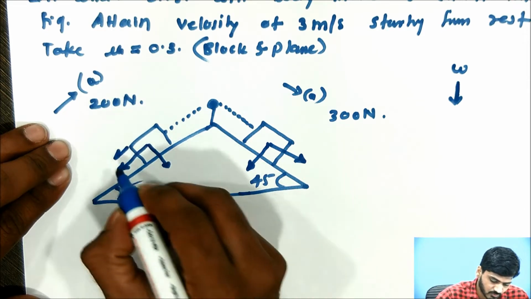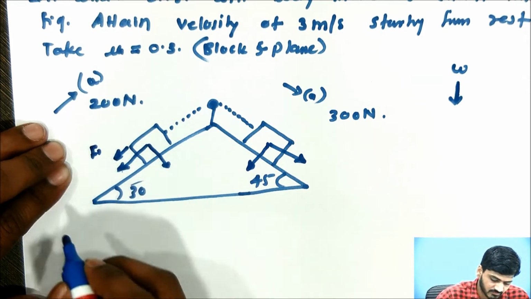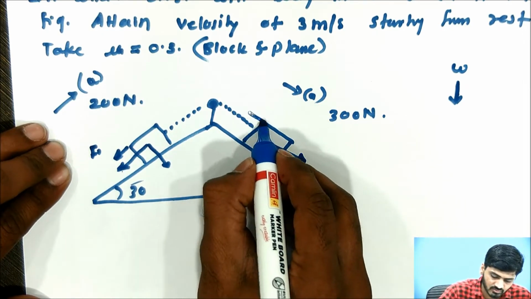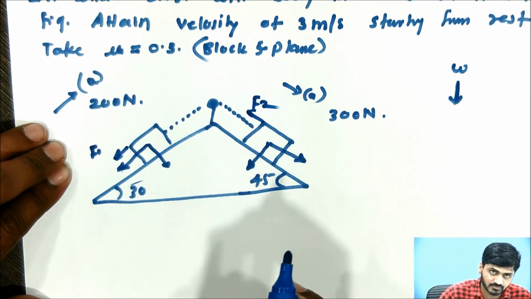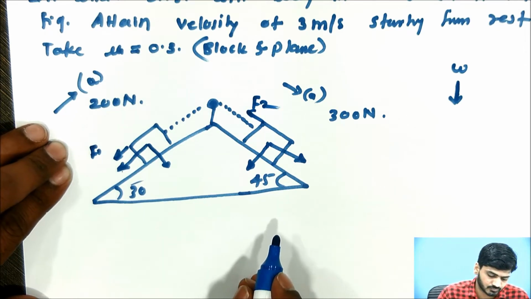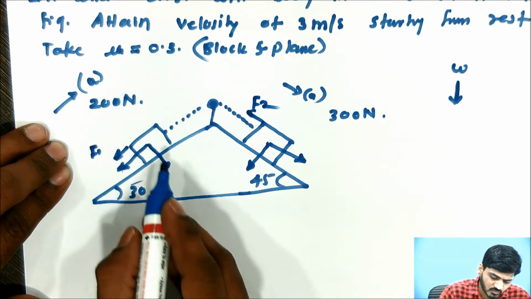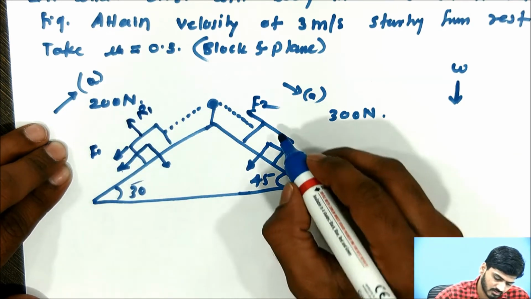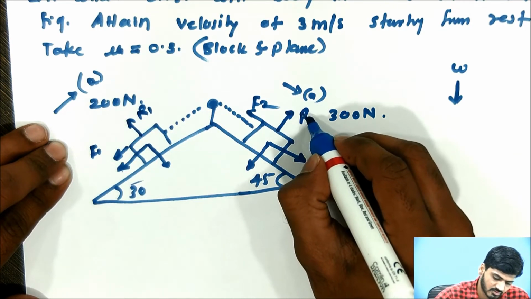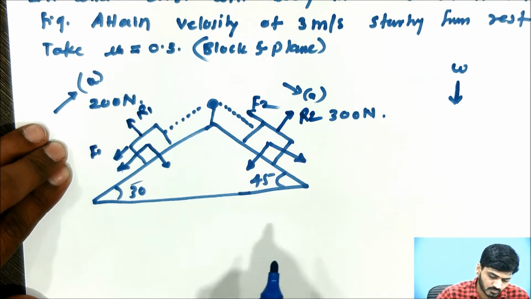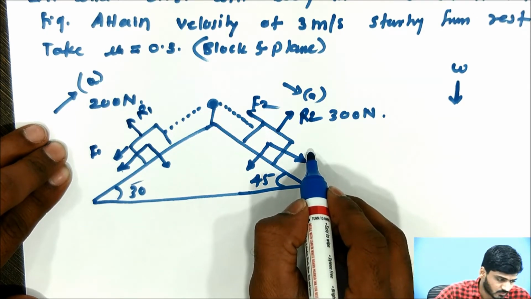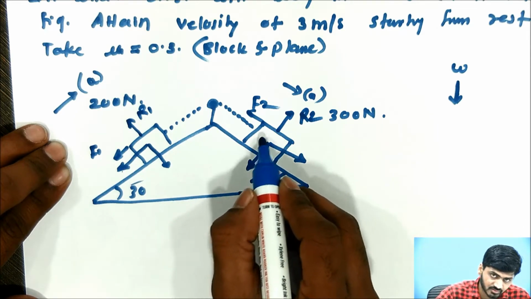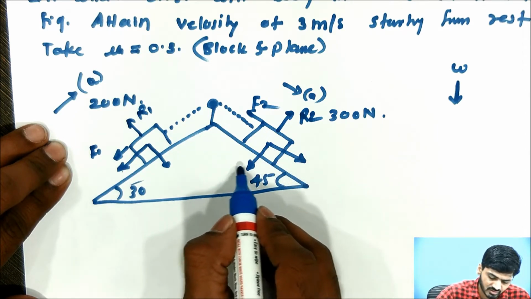So the frictional force is present in a downward direction, this is F1. This block also moves in a downward direction, so the frictional force is present, this is F2. Next, the normal reactions are present, this is your R1, this is your R2. The angles are mentioned with respect to the x-axis, so the geometry is in an inclined direction.